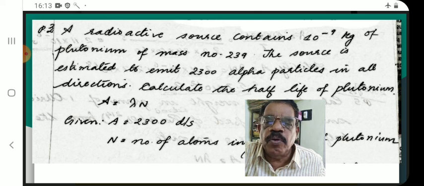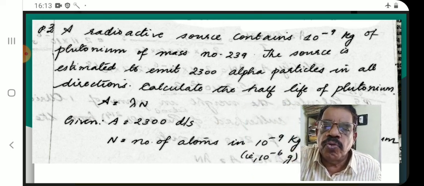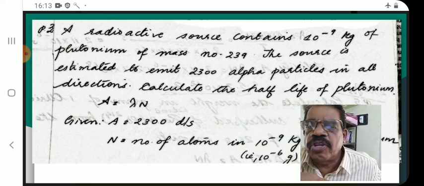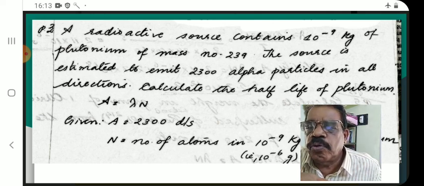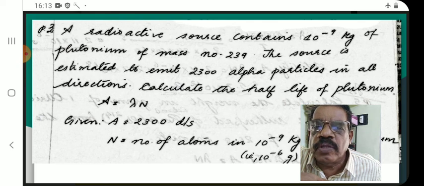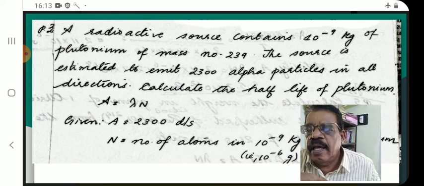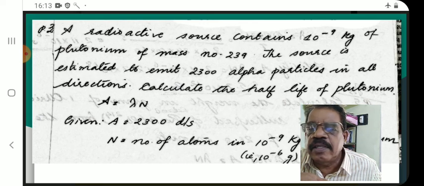Calculate half-life of plutonium. It is also a similar problem. A radioactive source contains 10 raised to minus 10 kg of plutonium of mass number 239. The source is estimated to emit 2300 alpha particles in all directions. Calculate the half-life of plutonium.